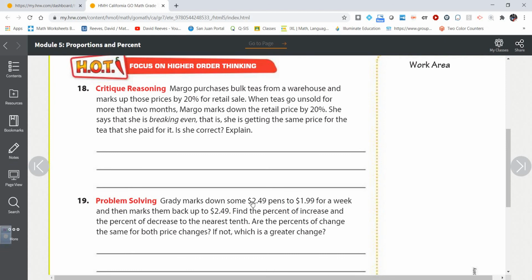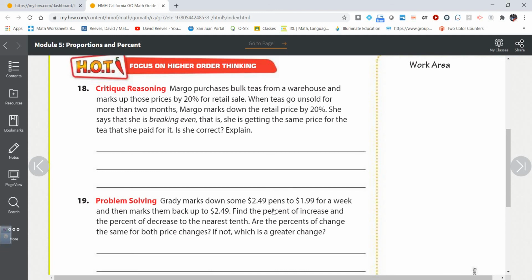So if Grady marks down some pens from $2.49 to $1.99, that's a 50-cent decrease, right? If he marks them back up to $2.49, that's a 50-cent increase, right? But 50 cents of $2.49 is a smaller percentage than 50 cents of $1.99. Does that make sense? So the percentages are going to be different.